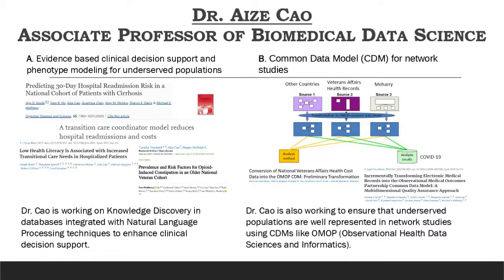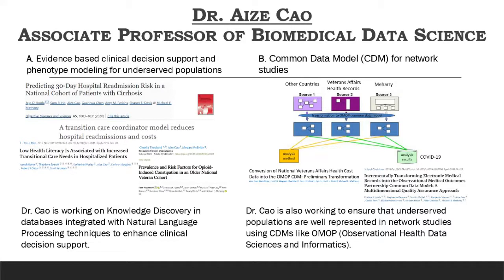She is currently working on knowledge discovery. And in order to do knowledge discovery, you've got to understand artificial intelligence, machine learning, natural language processing, and she's using that to enhance clinical decision support.